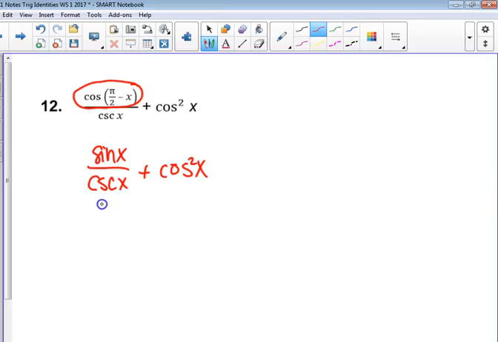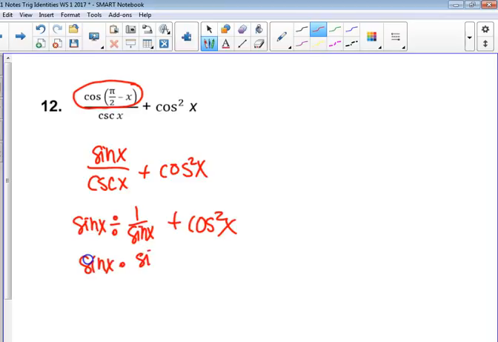This one isn't bad. It's sine divided by 1 over sine. So what does that become? Okay, so we flip this over and it becomes sine times sine x over 1, which is sine squared. Yes, you guys are going so fast.